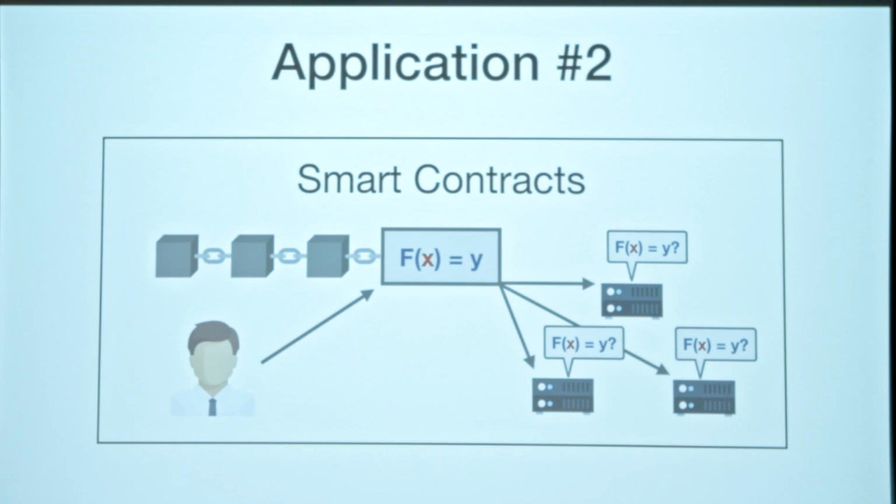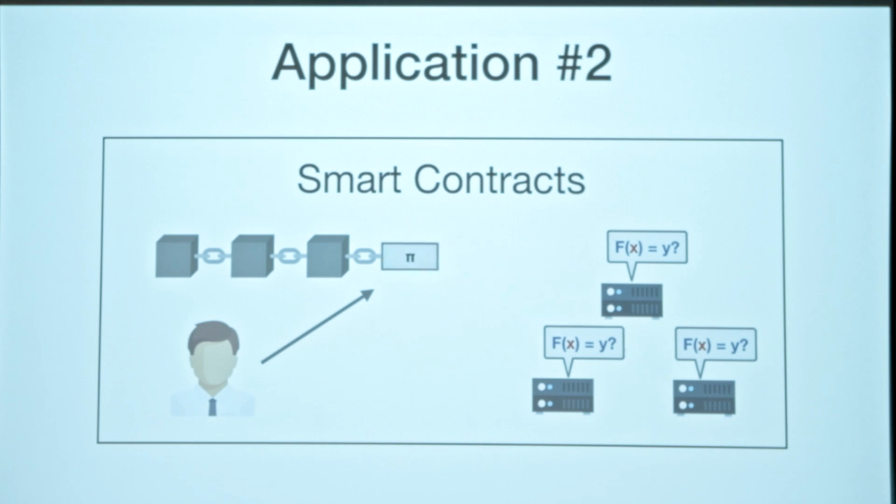So a more scalable approach is actually for the caller to run the computation off-chain and instead send along the result along with a proof attesting to the validity of the result. Then the validators would only need to check the proof, which we've established here is cheap.